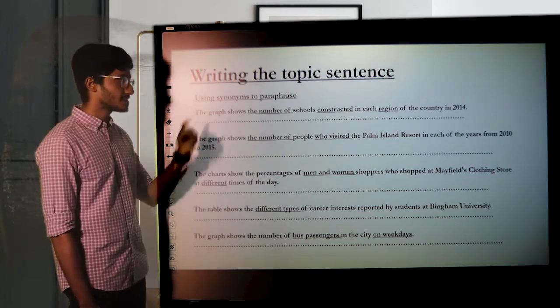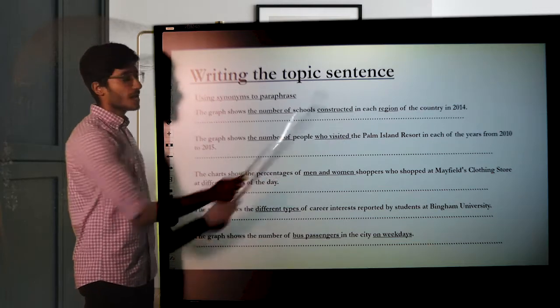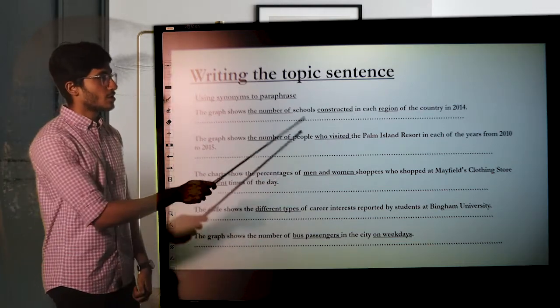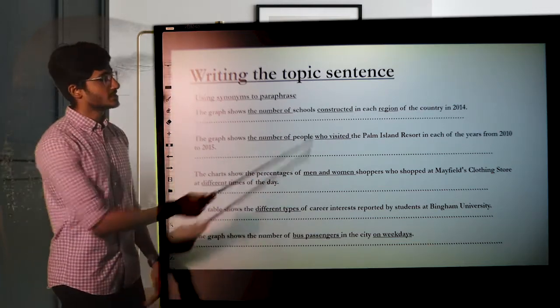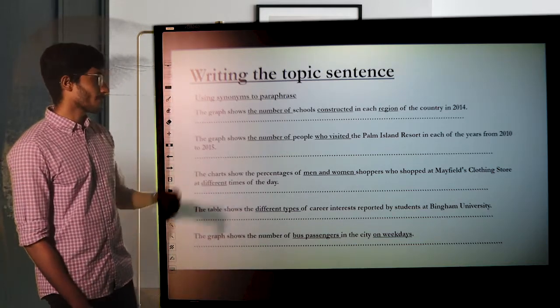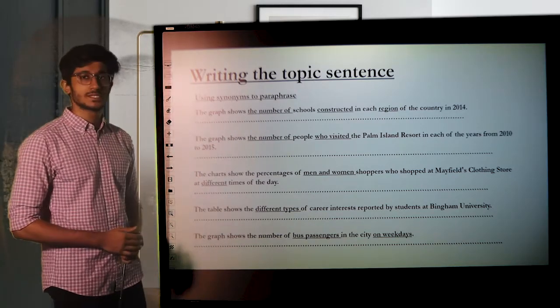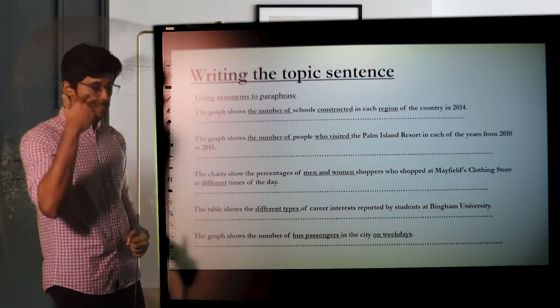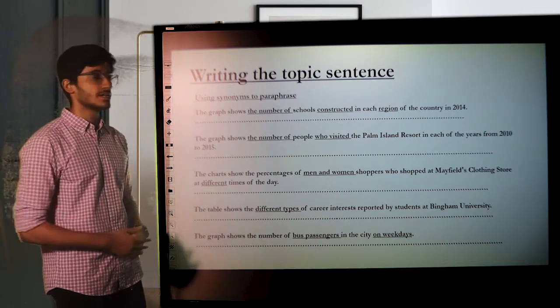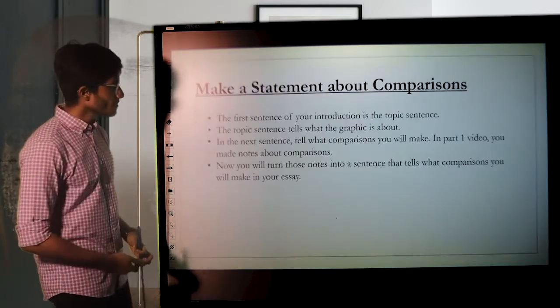Remember in our previous example, constructed, built, in each area instead of region of the country in 2014. Instead of country, you can also write nation. So see, it's very easy. You can do the rest. Just pause the video and do the rest on a piece of paper or just orally, and this is actually going to help your brain to think on the point.